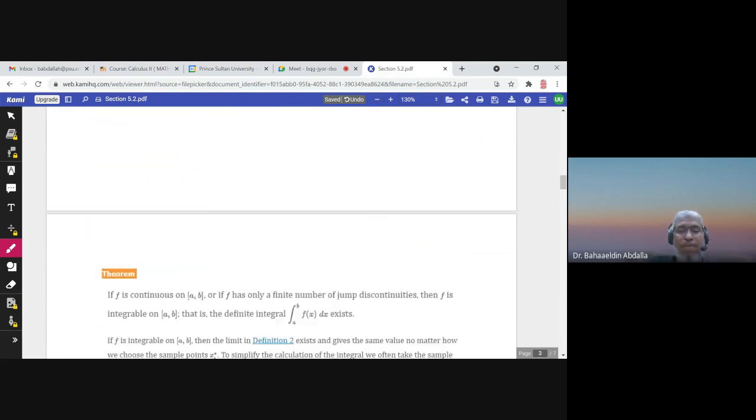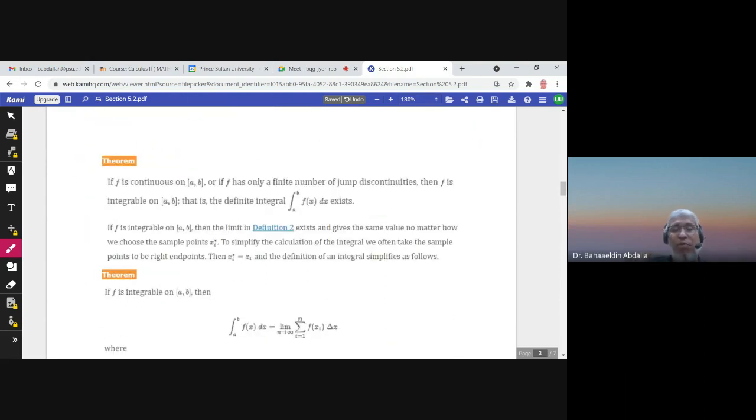Now this is an important theorem. It says that if f is continuous or has only a finite number of jump discontinuities, then f is integrable on [a, b], which means that the definite integral exists. So the definite integral would exist if f is continuous.